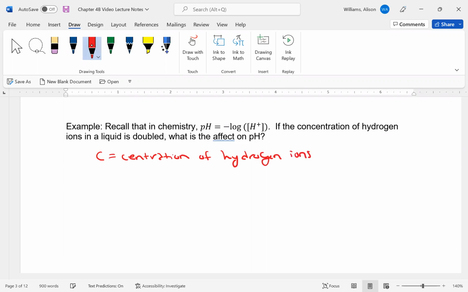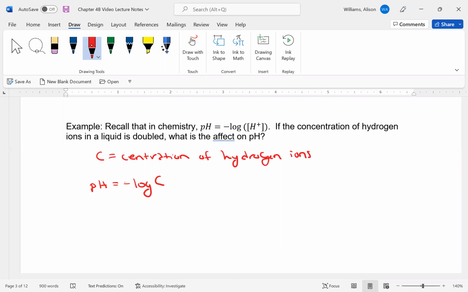And instead of that H plus, I'm going to plug C into the pH. So that's going to be negative log of C. Just looks a little bit nicer. I don't need the parentheses. Log of C. Okay, great.